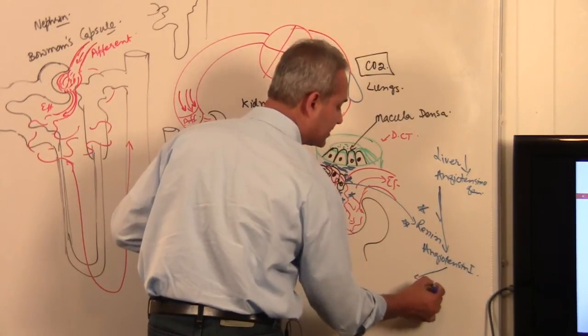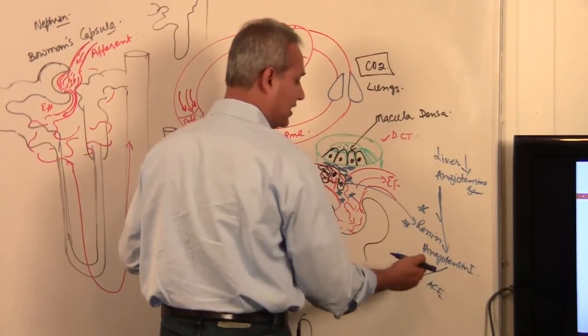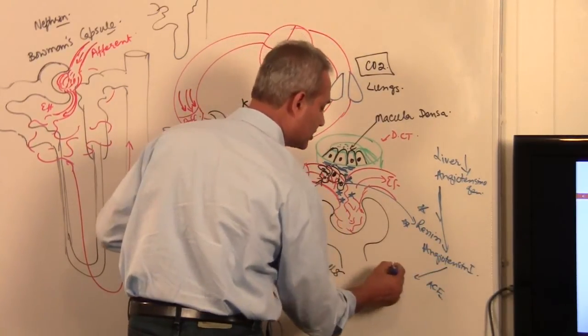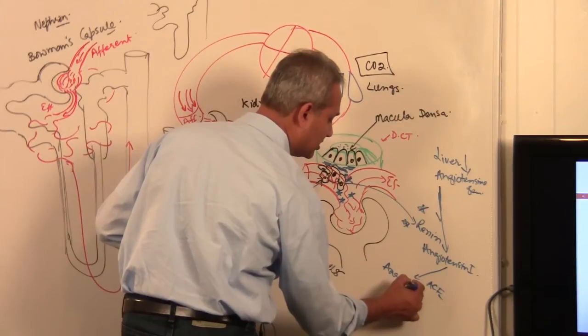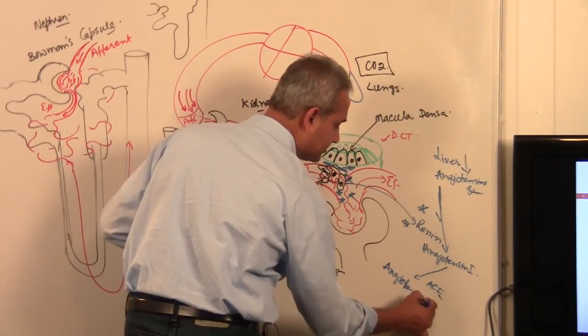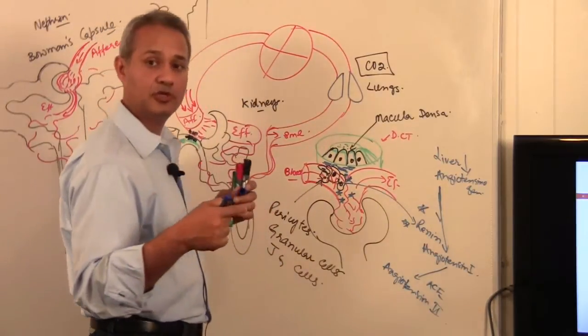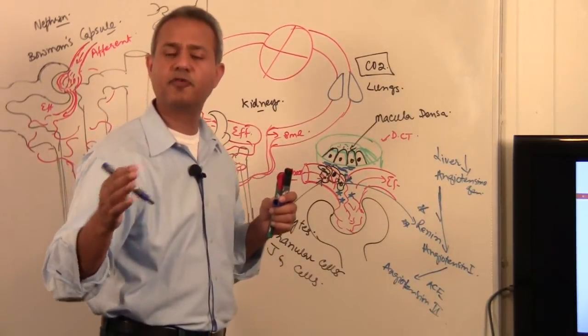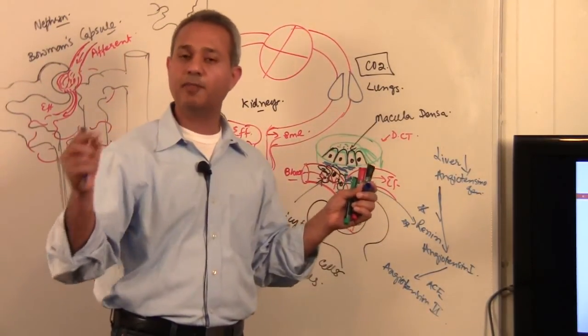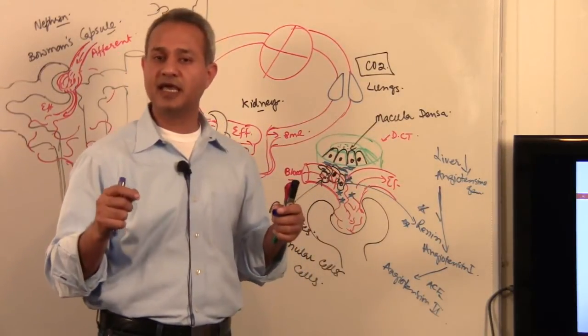Angiotensin 1 will be acted on by ACE, angiotensin converting enzyme, which will convert it into angiotensin 2.